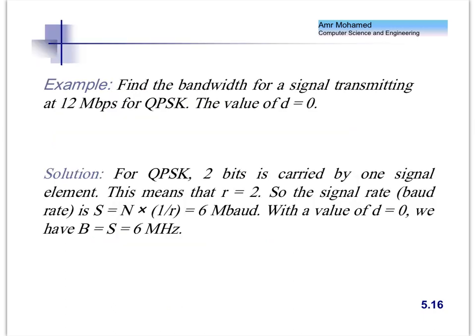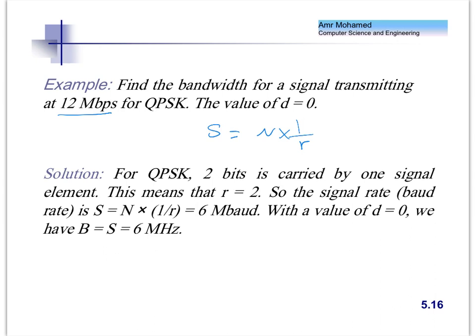Okay, so find the bandwidth for a signal transmitting at 12 megabits per second for QPSK, and the value of D is 0. Of course, this is not typical. The value of D is higher compared to ASK, but this is just for example. So we need to calculate the bandwidth for this bit rate. So we can calculate S. S is N times 1 over R. What's R here?